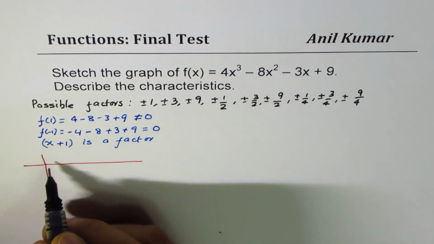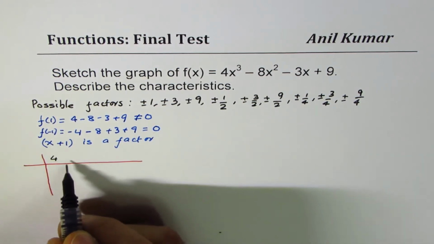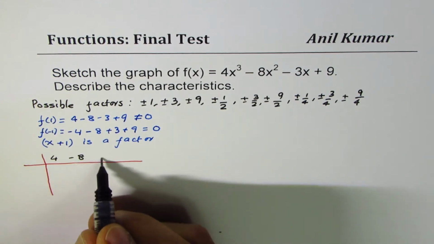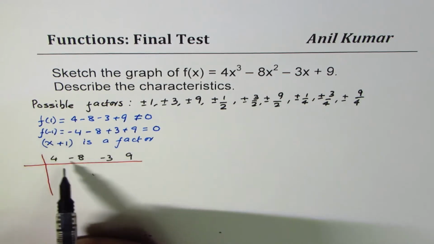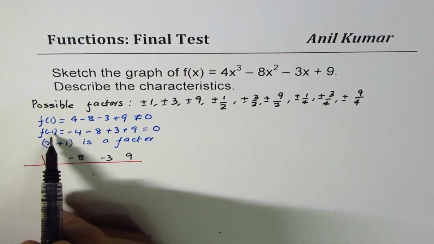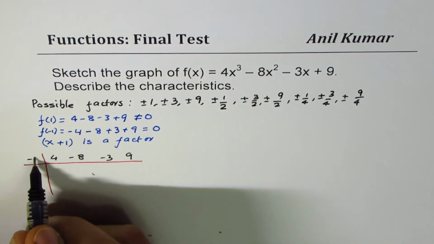The coefficients are 4, minus 8, minus 3, and 9, right? And what makes this factor 0? Minus 1.